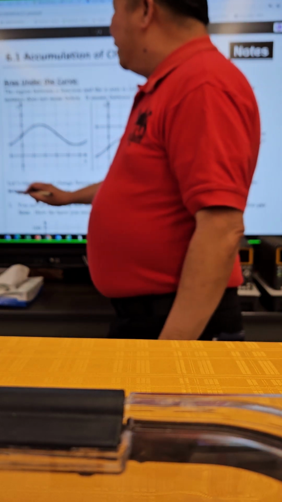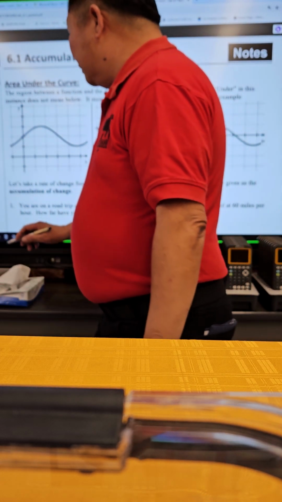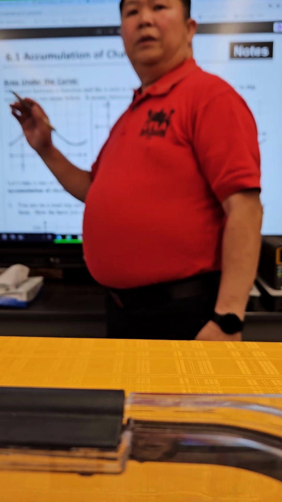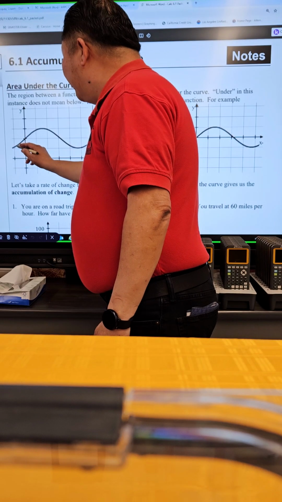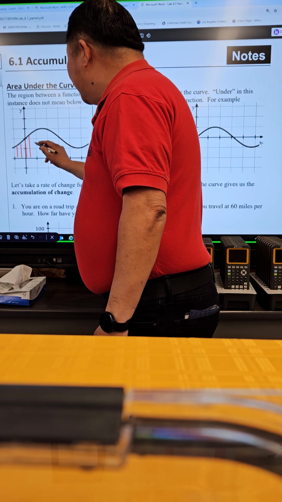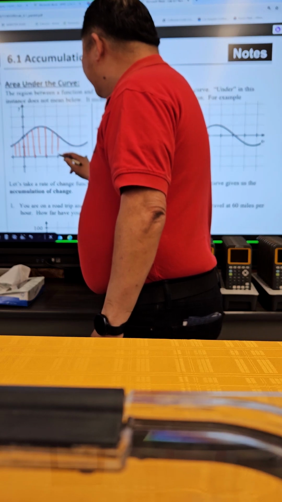So I'd like you to have your colored pen or colored pencil. This area is above the x-axis, right? This is the area right here.